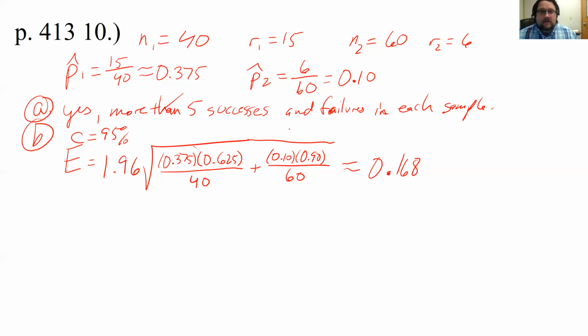Remember, again, these have to be small because we're talking about percentages. And then we're going to do p hat 1 minus p hat 2. Find out the difference between those. So 0.375 minus 0.10 is 0.275. So we're going to look at this difference minus the standard error.